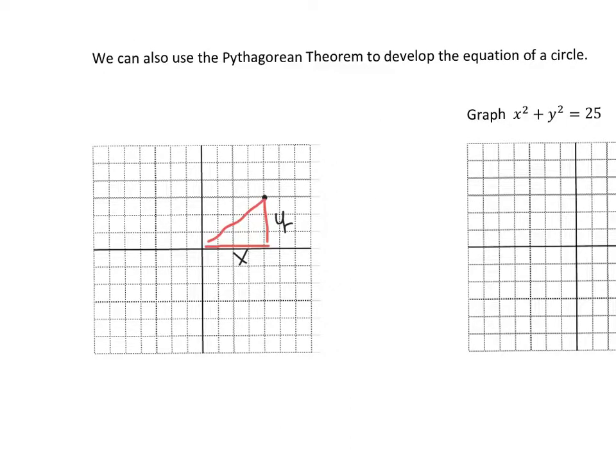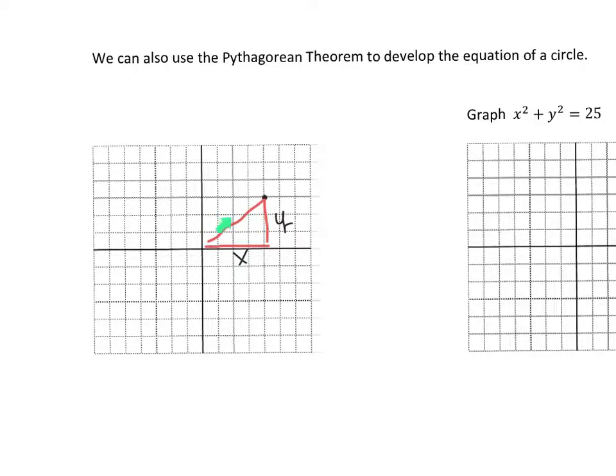On the next page in the handout, we are going to use the Pythagorean theorem to develop the equation of a circle. To get started on this, I've plotted this point here. If you want to follow that, 1, 2, 3, 4, and up 3. So plot a point there, create a right triangle, and label this x and then this as y.